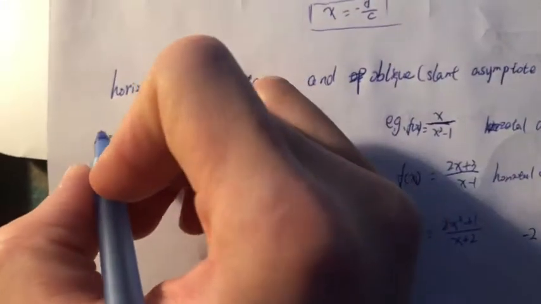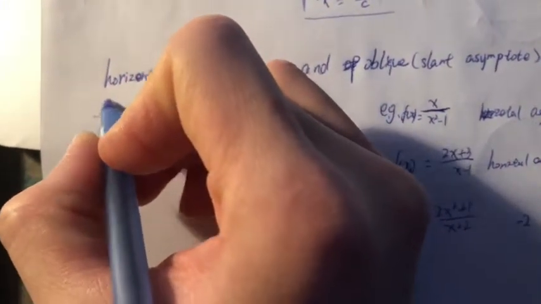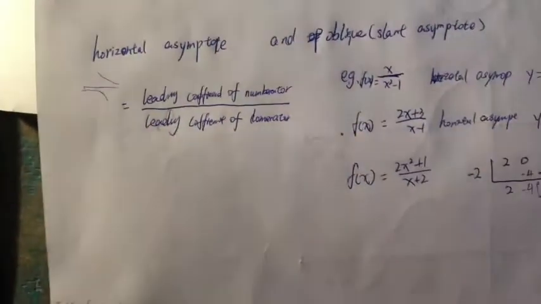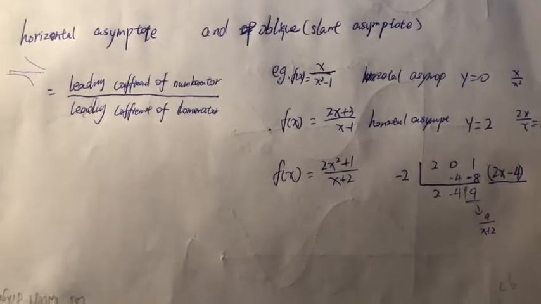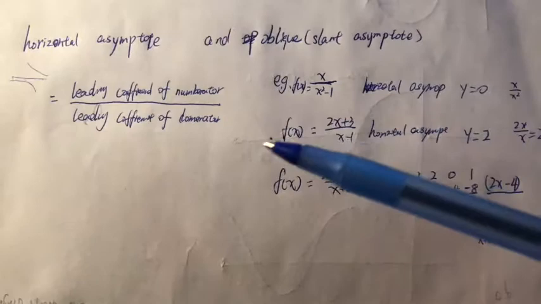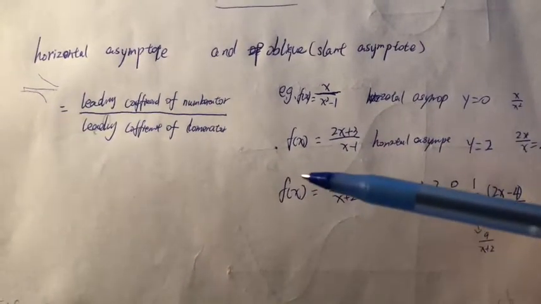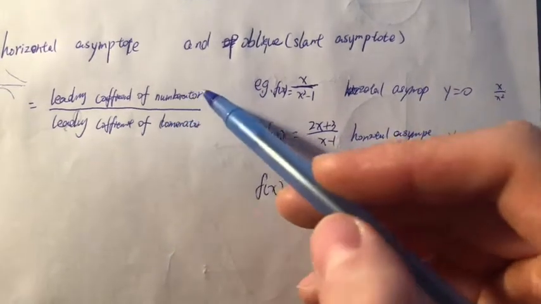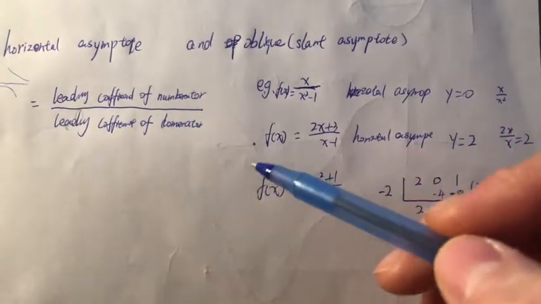The horizontal asymptote goes this way, and the graph really won't attach to it. I don't really know the reason, but I can tell you how to find the horizontal or oblique asymptote. You basically divide the numerator by the denominator.